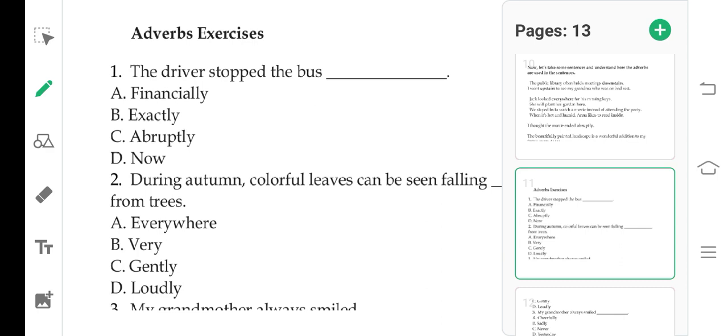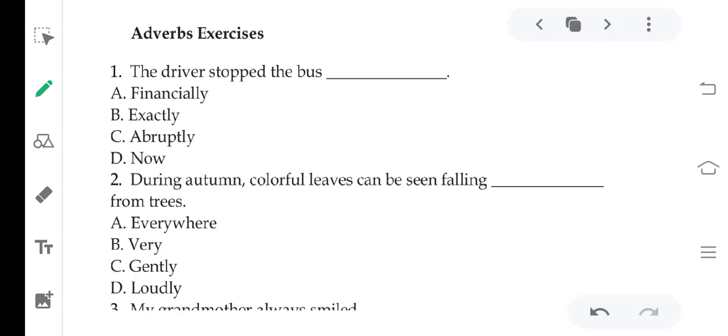Let's take a couple of exercises. So the first one, the driver stopped the bus: financially, exactly, abruptly, now. What's the exact answer? The driver stopped the bus abruptly.